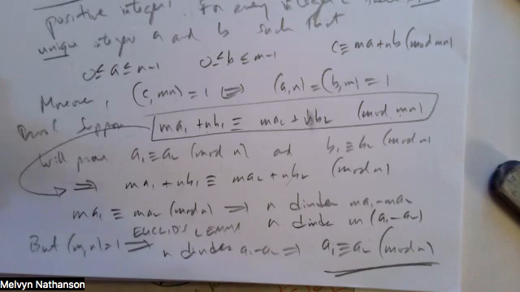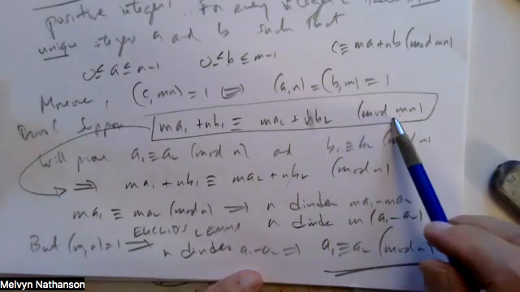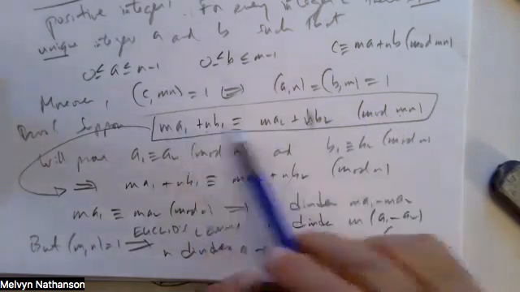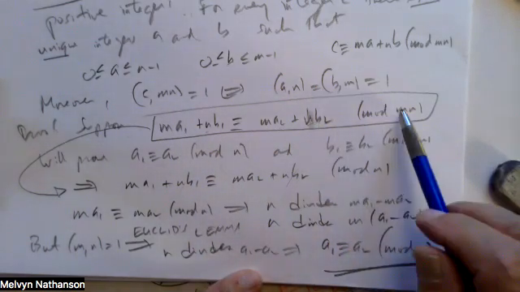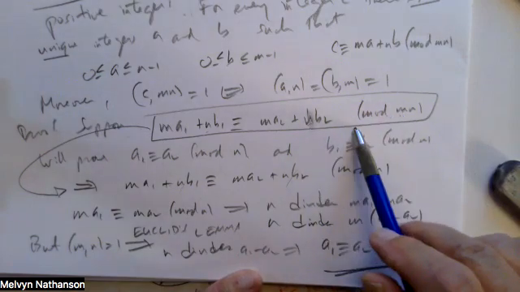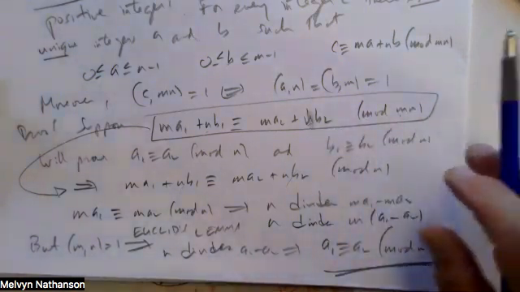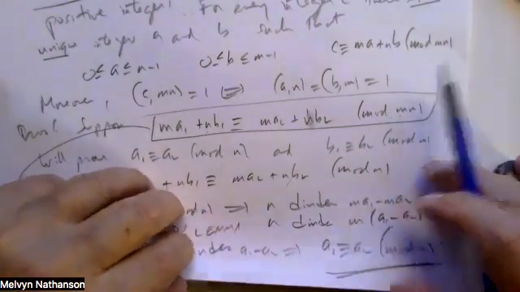And if we apply the same argument, looking at this congruence modulo m, these cancel. n b1 becomes congruent to n b2 mod m. m and n are relatively prime, so b1 is congruent to b2 mod m.